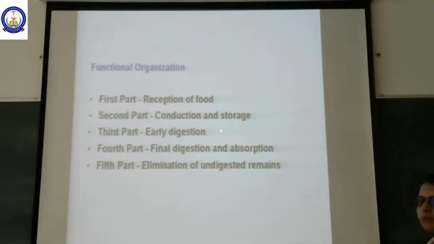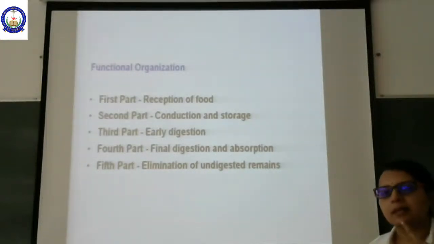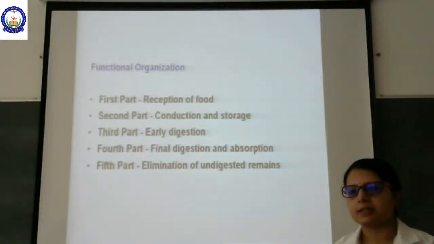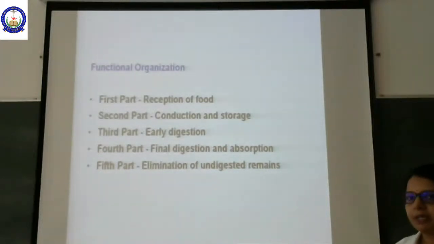The early digestion begins in the mouth as well as in the stomach. The fourth part, the intestine, helps in final digestion and absorption. And the fifth part, elimination of undigested food, is the function of the large intestine.